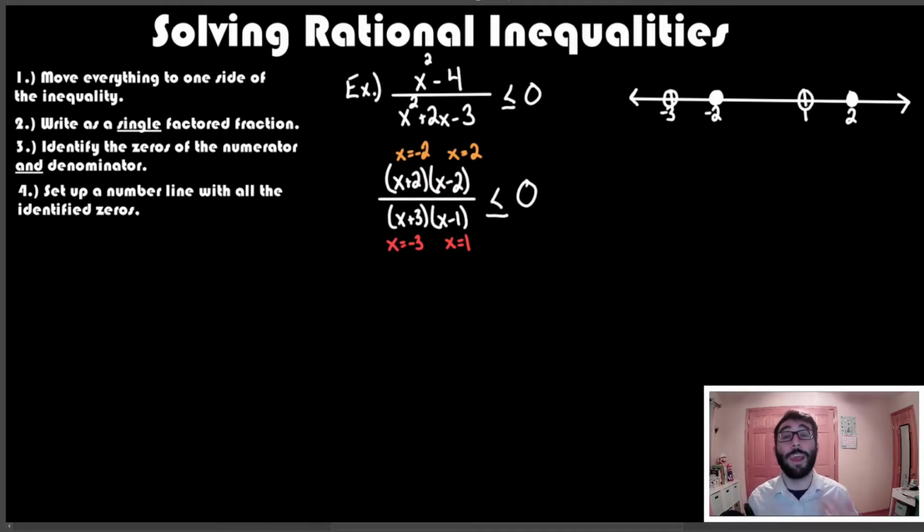So our numerator can be 0. However, our denominator still cannot be 0. So I'm going to leave negative 3 and 1 open, which is excluding those values because I still cannot have a 0 in my denominator, okay?